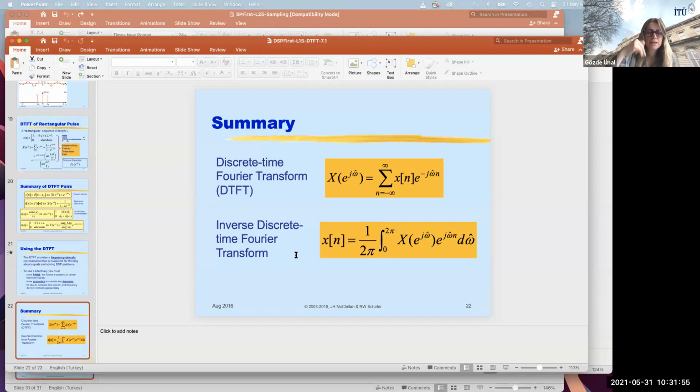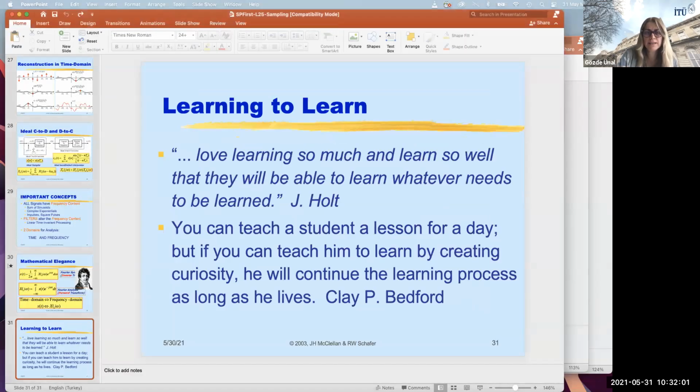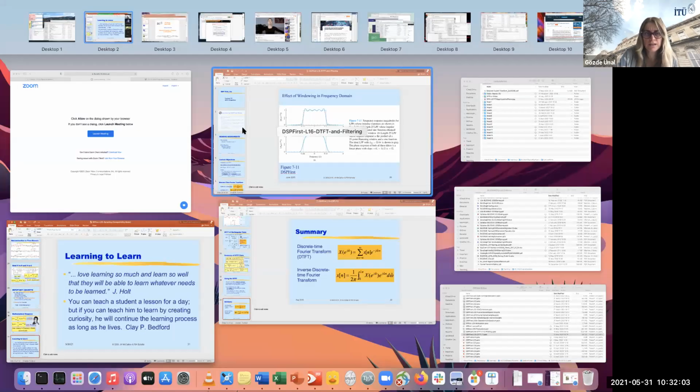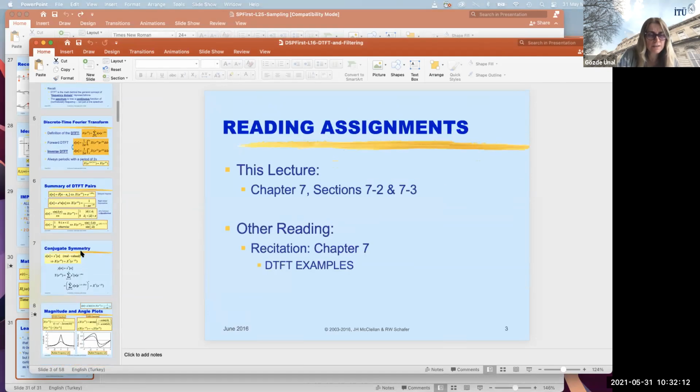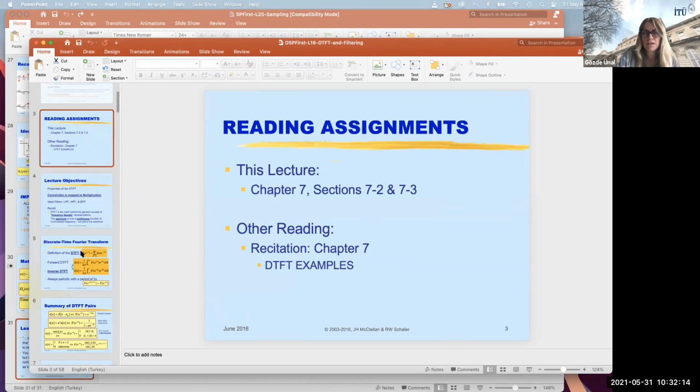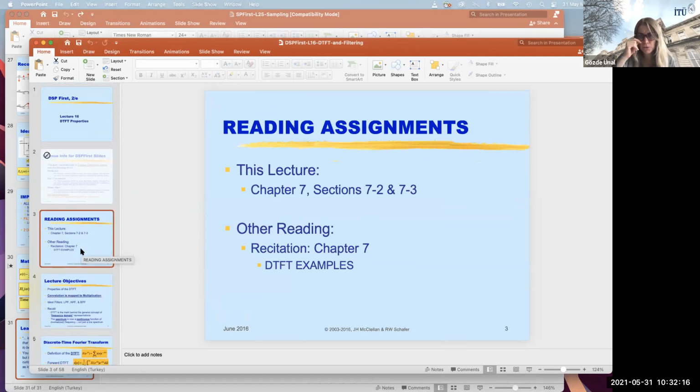In the next hour, we can cover the remaining things, not this one. We will be covering a little bit more on properties of filtering and such. I think that should be it for the discrete time Fourier transform. That should be enough material.